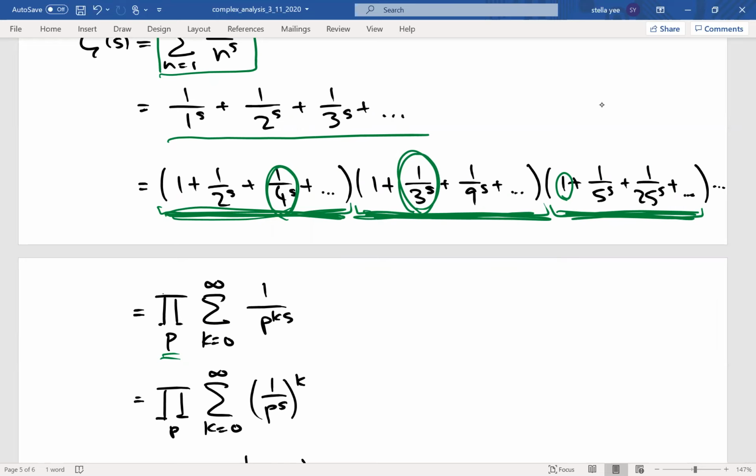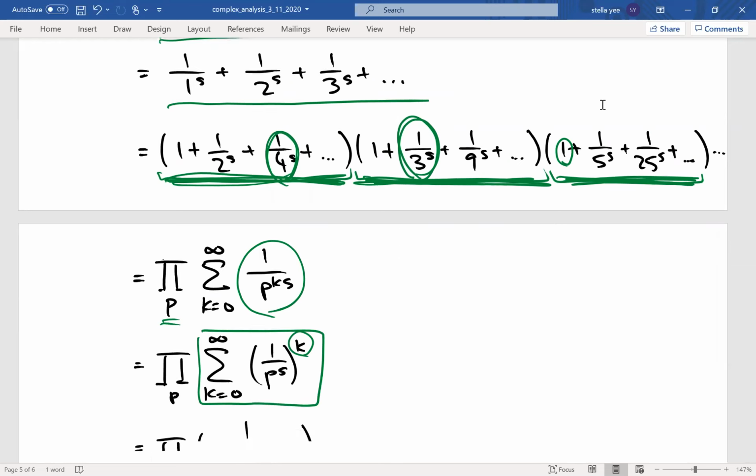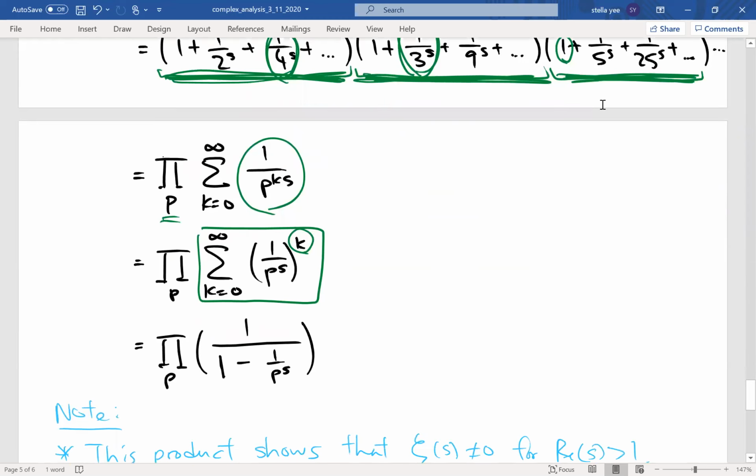But you could actually look at this sum. This is a geometric series. With the exponent k, you could take that out, and now this part is a geometric series. So we can actually compute that, right? It's 1 over 1 minus the ratio.